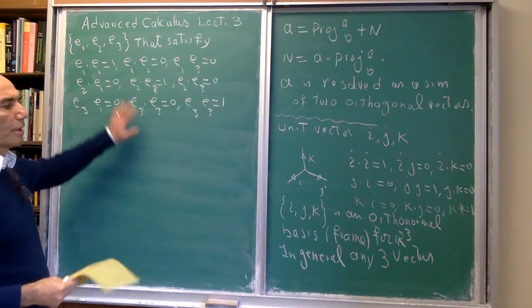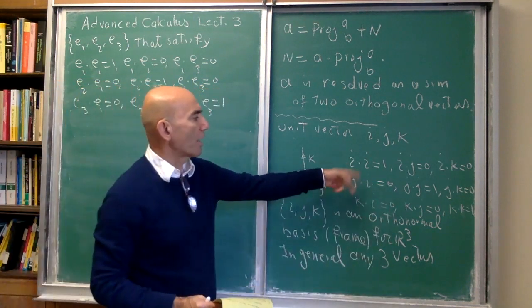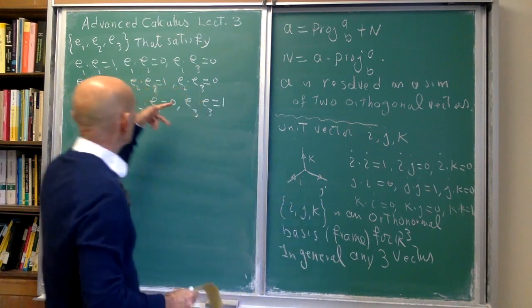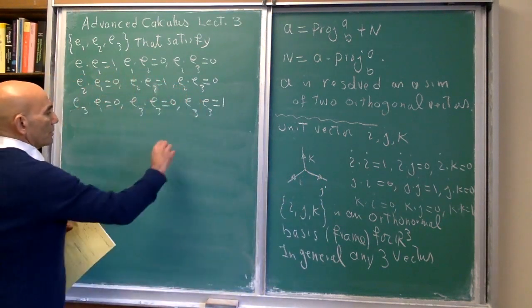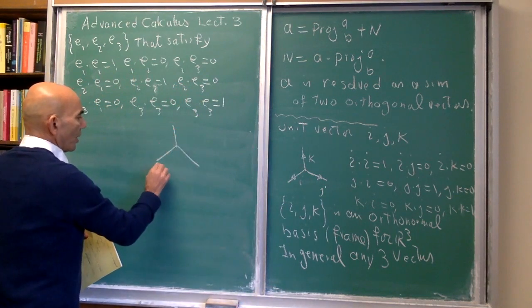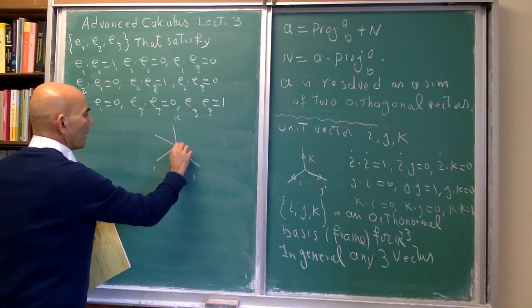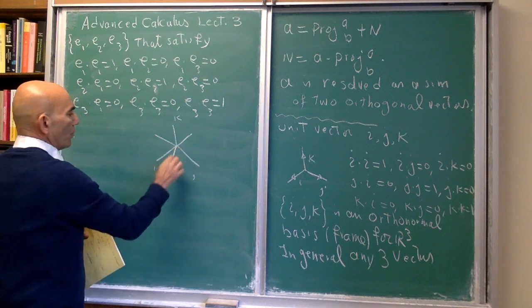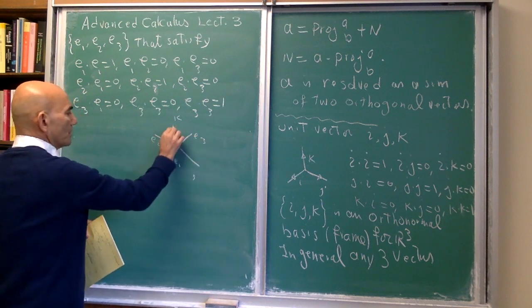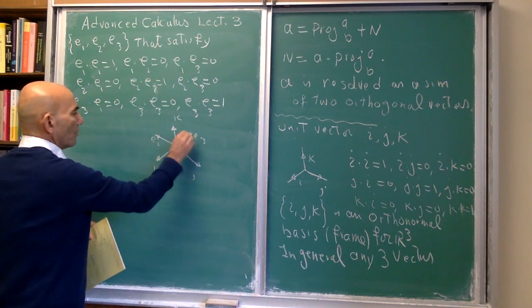You see, this is completely similar to this, right? Except that we are not using ijk, the standard basis. We are using a new basis, E1, E2, E3. So this is your original ijk, and this is your new orthonormal vectors.